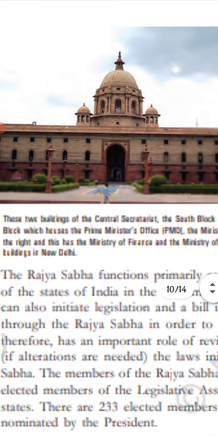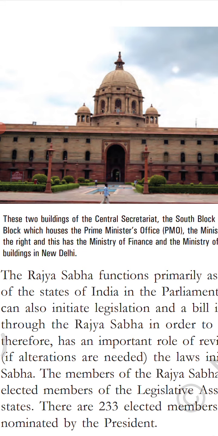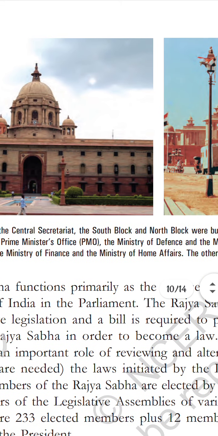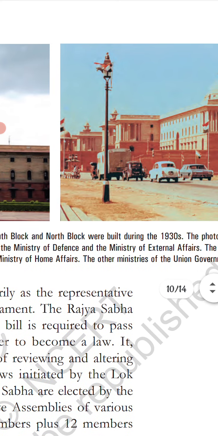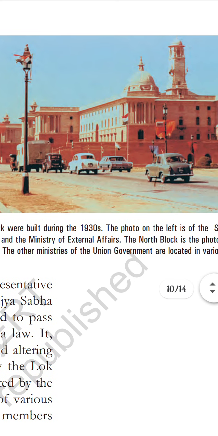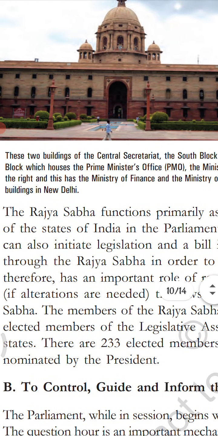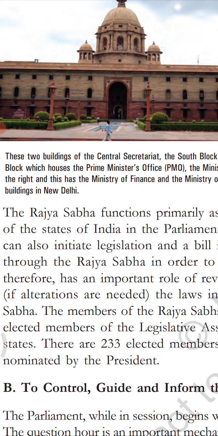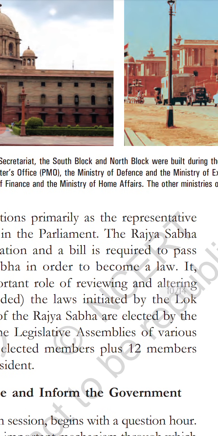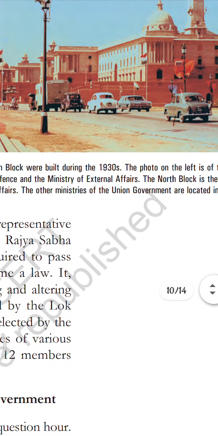See, these two buildings of the central secretariat, the south block and north block, were built during the 1930s. The photo on the left is of the south block, which houses the Prime Minister's office, PMO, and the Ministry of Defense and the Ministry of External Affairs.